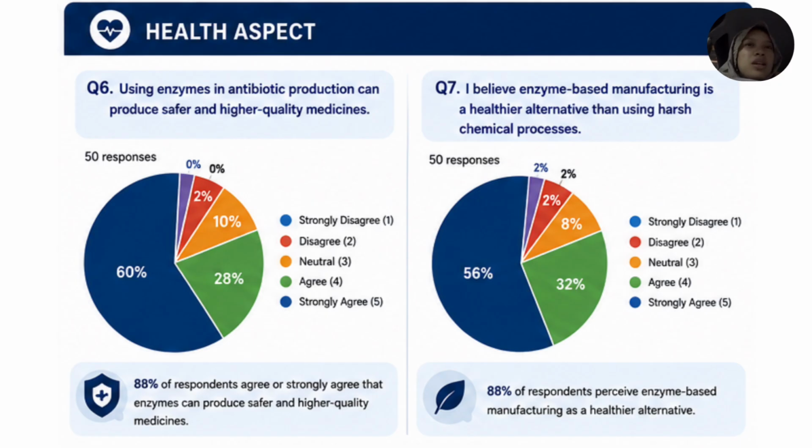For question 7, respondents were asked whether enzyme-based manufacturing is a healthy alternative compared with conventional chemical processes. Again, the majority selected agree and strongly agree, suggesting that respondents perceive enzyme technology as a cleaner and more environmentally friendly production method.